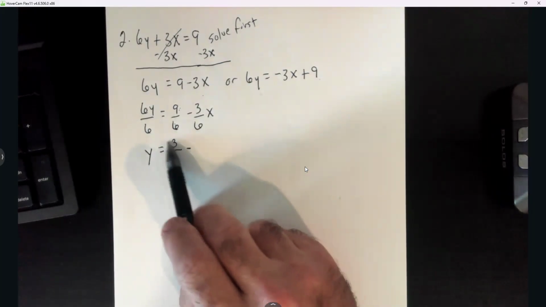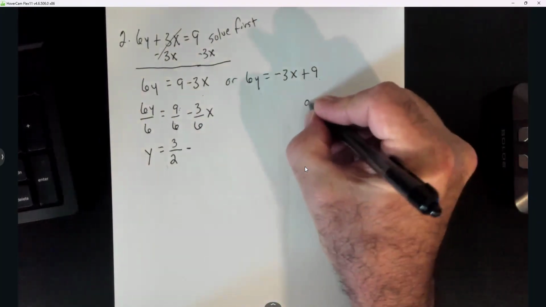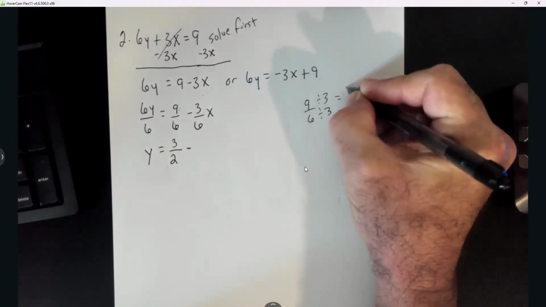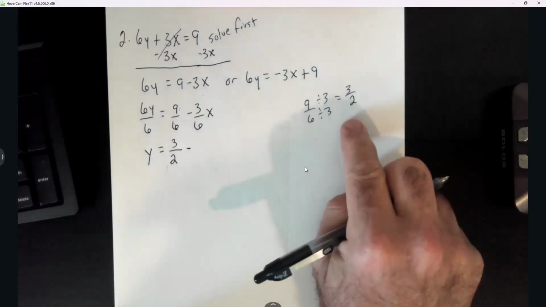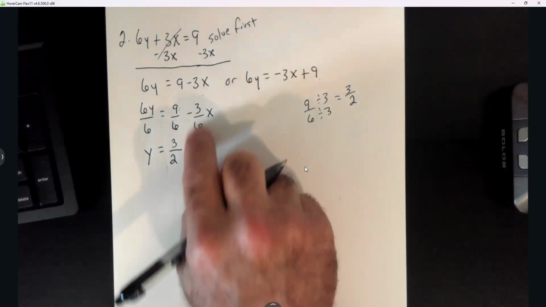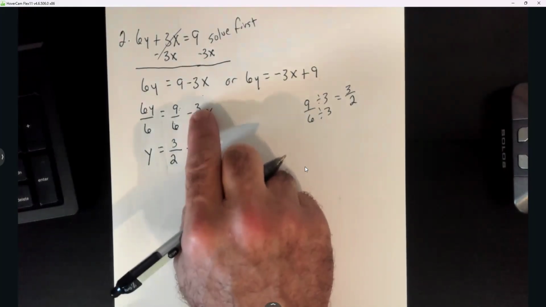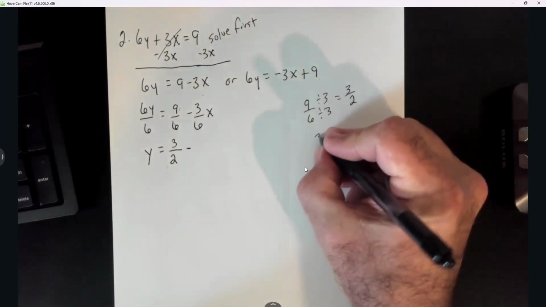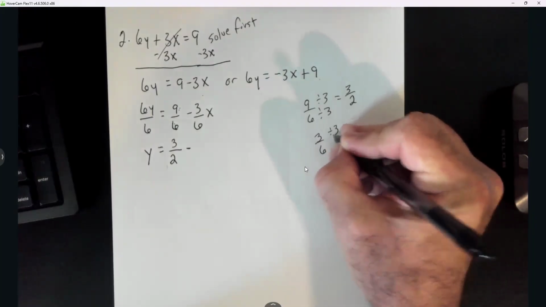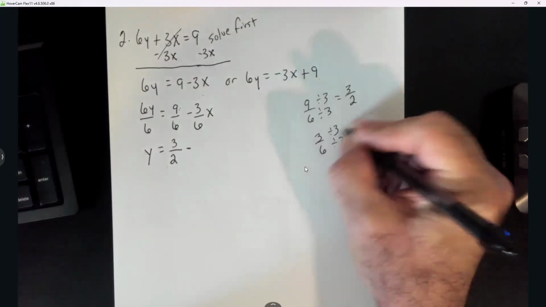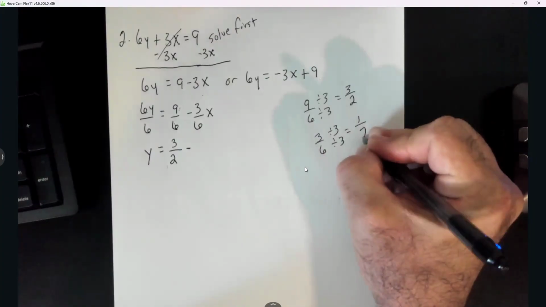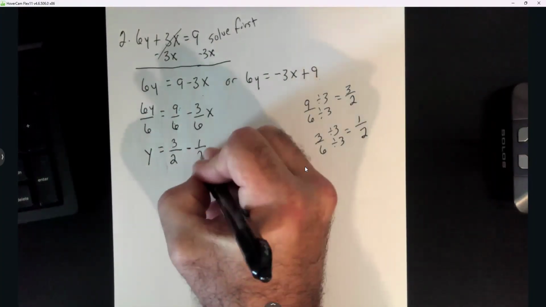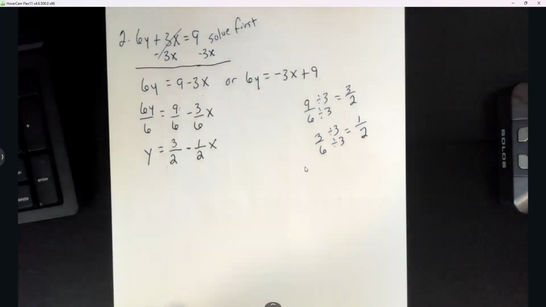So always reduce the fractions, okay? And remember, all I did, y'all, was both of them divided by 3, and that gave me a 3 halves on that, okay? Now here you got a 3/6. Both of them will divide by 3. And that'll give me what? A 1 half. So I got 3 halves minus 1 half x.